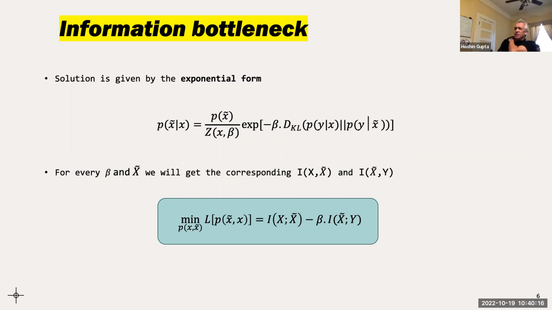You're trying to compress it as much as possible, which means you're trying to minimize I(X; X tilde). That makes sense. And then you're trying to maximize the mutual information between X tilde and Y, Y being the observed value and X tilde being the compressed input. That makes sense. So you maximize I(X tilde; Y), and if you increase beta, then that gives a stronger and stronger reliance on maximizing the information between X tilde and Y.